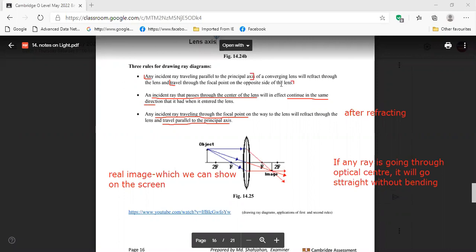Any incident ray traveling parallel to the principal axis travels through the focal point on the opposite side of the lens. You write only the part I marked. Is it clear? After you are done with the first point, let me know and I will tell you how to write the second point.